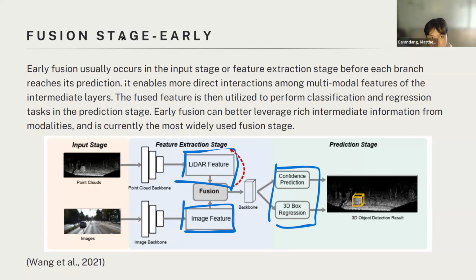So early fusion is combining features from different sensors at an early stage, before they are fed into the detection head.